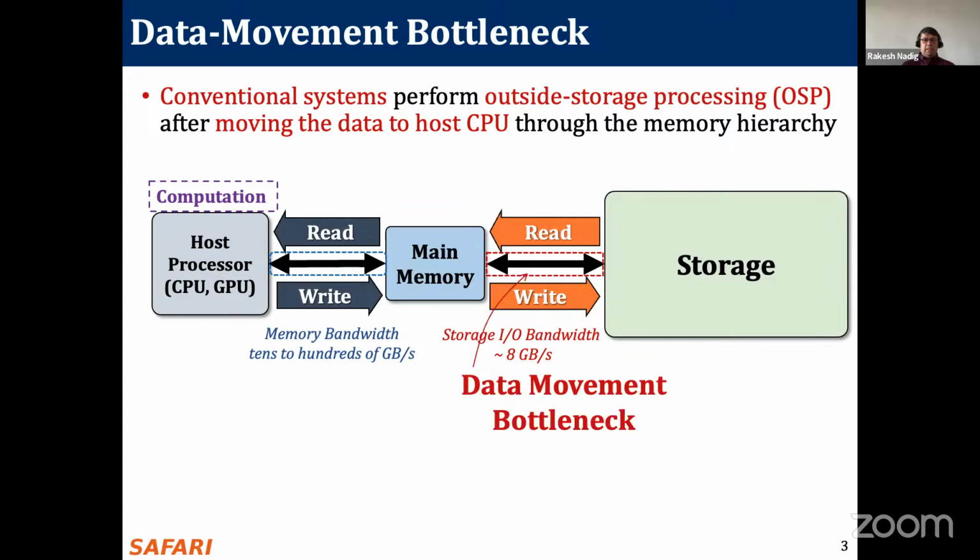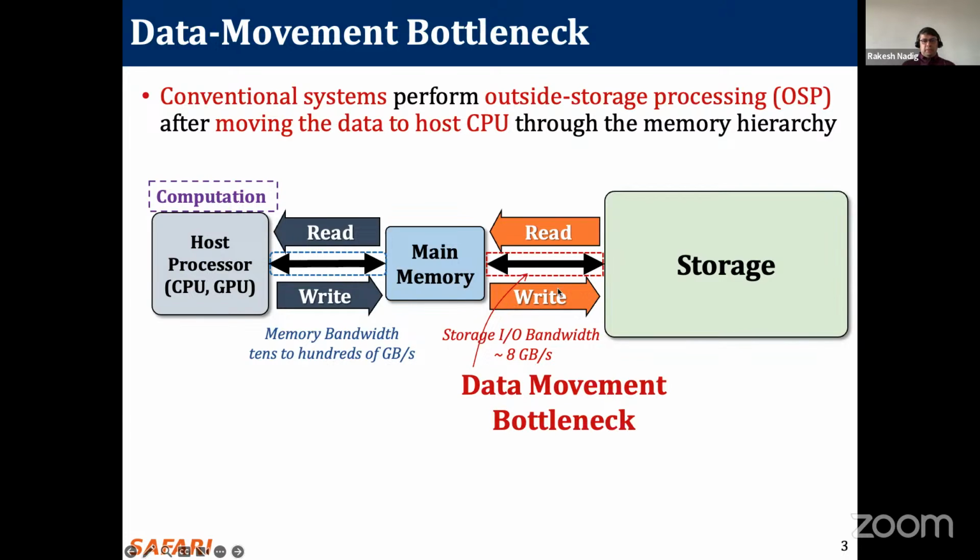The key bottleneck here is that the external bandwidth of the storage system, which is around 8 gigabytes per second, remains a key bottleneck when you compare it to the bandwidth between the host processor and the main memory, which is between tens to hundreds of Gbps.